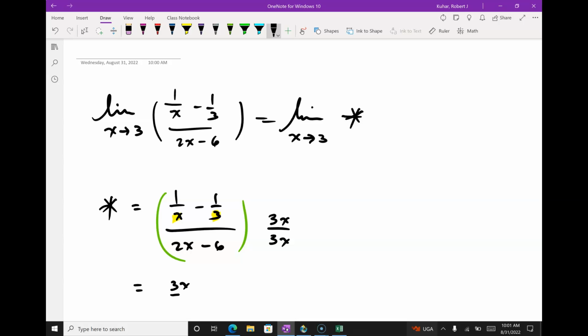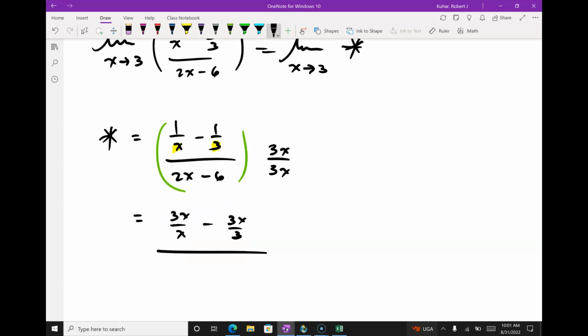I get 3x over x minus 3x over 3, all times 3x times 2x minus 6. Everybody with me there? I'm distributing that to my numerators. Yes, question? Yeah, that's what's supposed to happen, and it will.